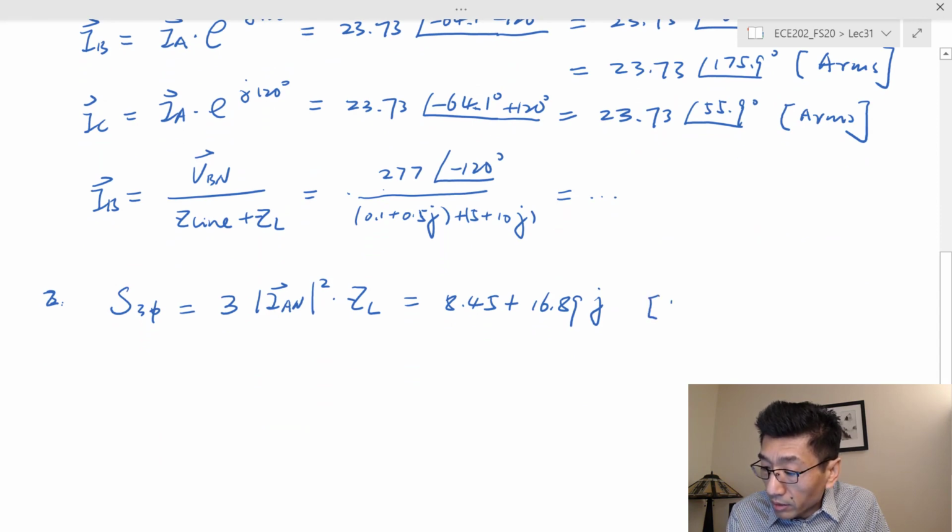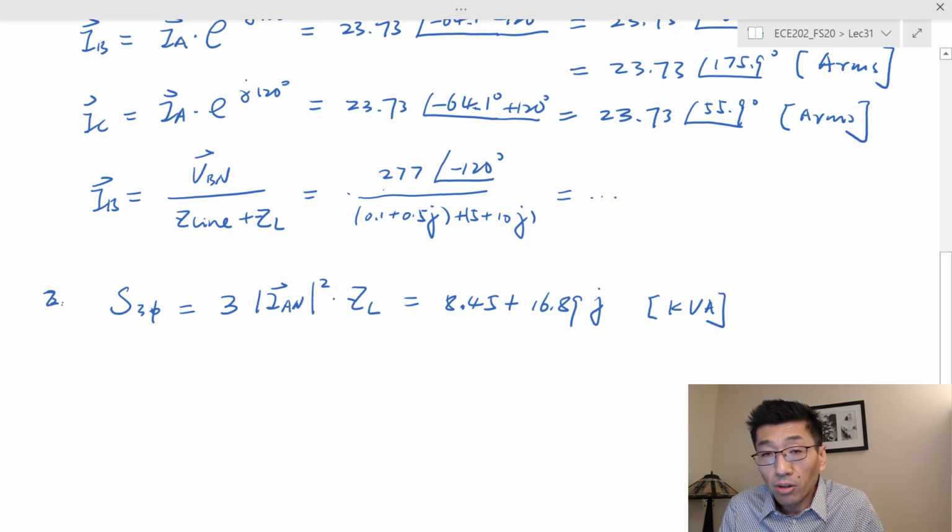The unit is kVA, and so the real power absorbed by the three-phase load impedance is more than 8 kilowatts, and the reactive power absorbed by the load impedance is more than 16 kilovars. Okay, so that's the example of doing the calculations.